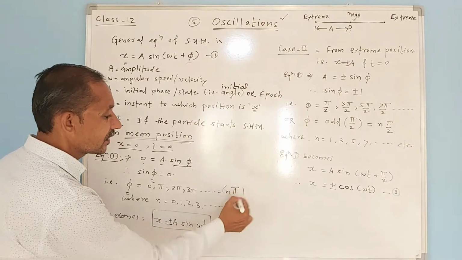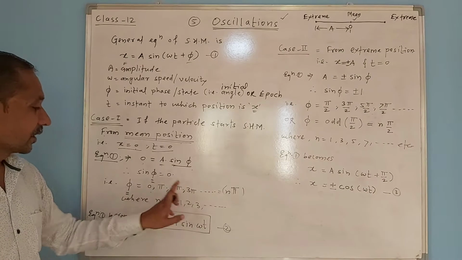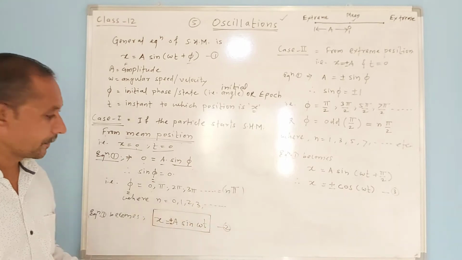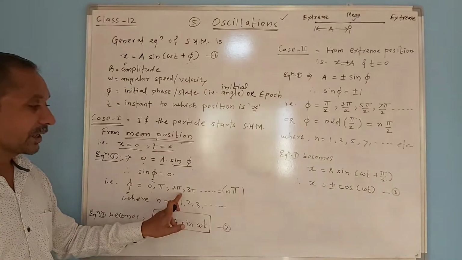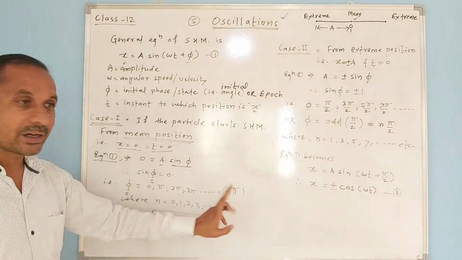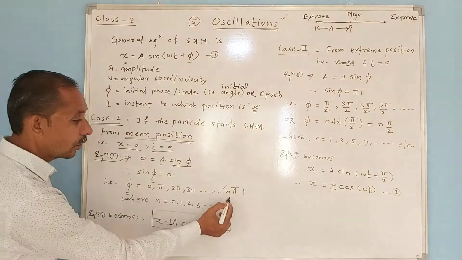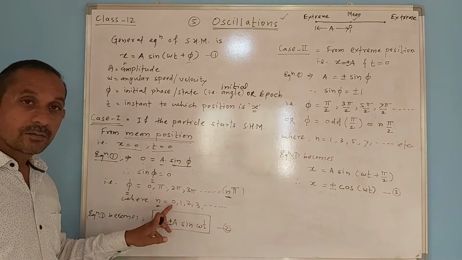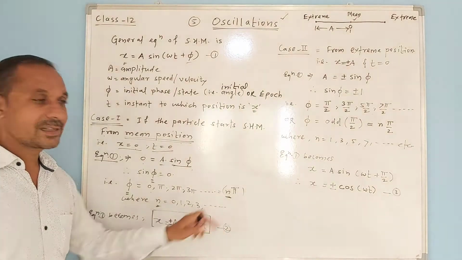Generally it is written as n pi. When n is 0, we get 0; when n is 1, we get pi; when n is 2, we get twice pi; when n is 3, we get 3 pi. So the value of n starts from 0, 1, 2, 3, etc.